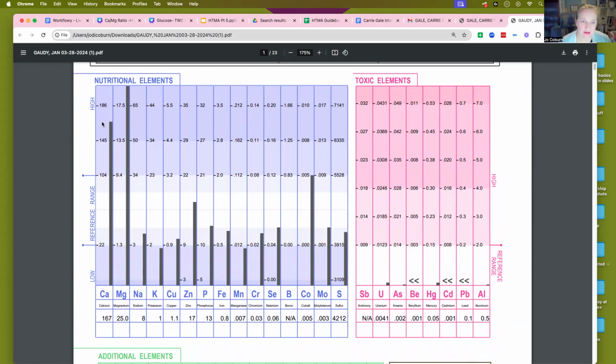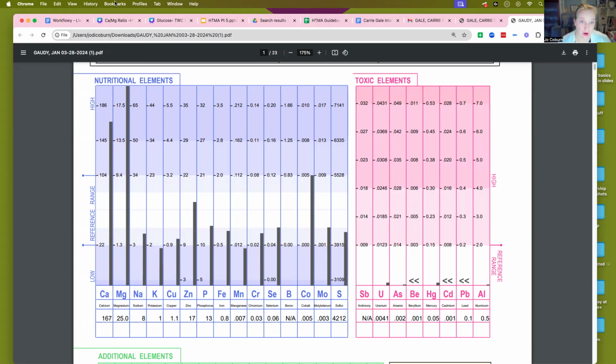Calcium's at 167, that's here, but this magnesium is 25. So this magnesium's not even on my screen. It's way, way up here, because this is 17, this is 13, 14, 15, 16, 17, this is 21 up here, and 25 is somewhere at the top of my screen.